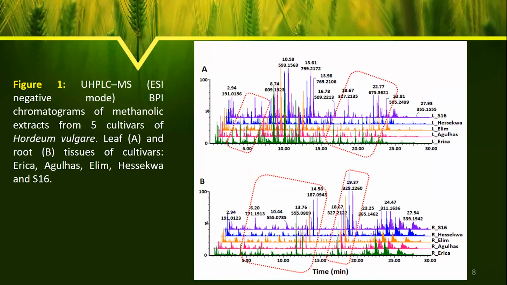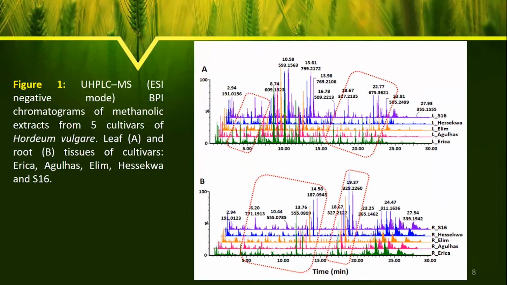The base peak intensity chromatograms of the leaf and root samples are represented in these figures, the leaves on top and the roots at the bottom. The visual comparison of chromatographic profiles revealed more distinguishable quantitative as compared to qualitative differences between cultivars.